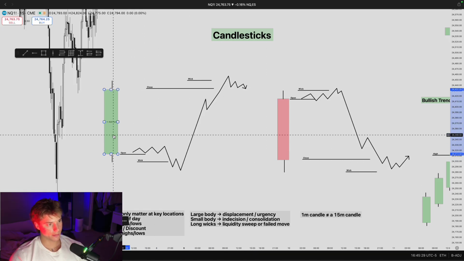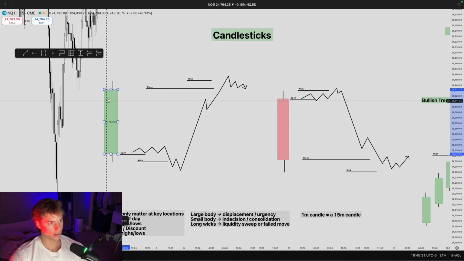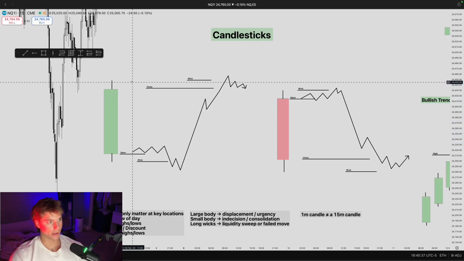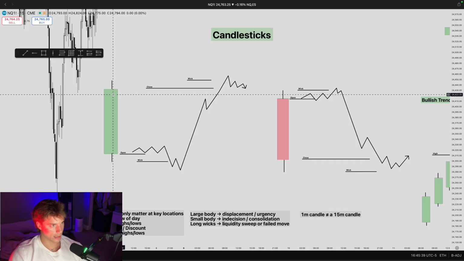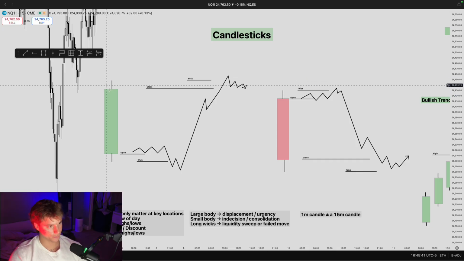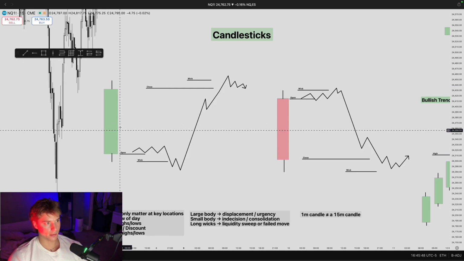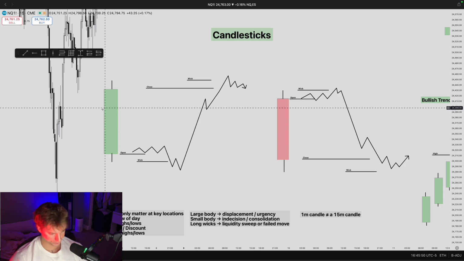Your body is going to be this big green body right here. And then the second component of a candle is going to be the wick. It looks like a candle wick. It's just going to be a little wick right here. Most of the time, you're going to have one on the top and one on the bottom and only one body. So two wicks and one body.